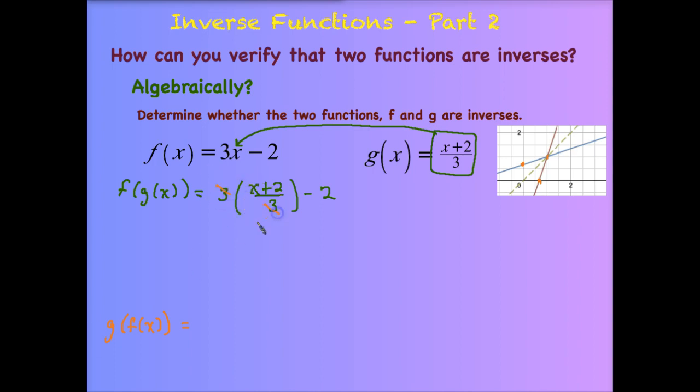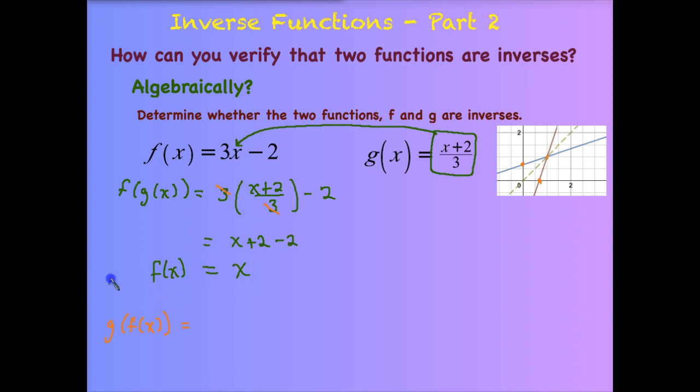The 3's cancel. We get x plus 2 minus 2. The 2's cancel and we get x. Based on our definition of inverses, if we compose the two functions and we are left with y equals x, which is what we have here, then we know that these two functions are inverses.